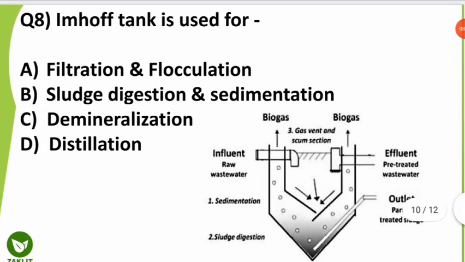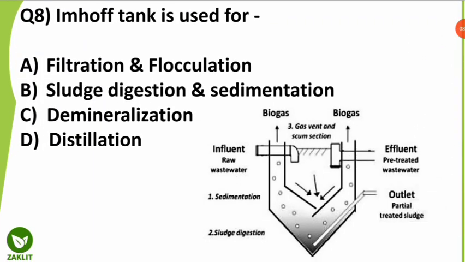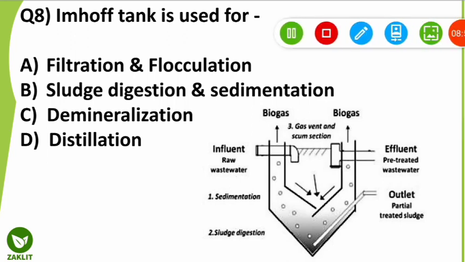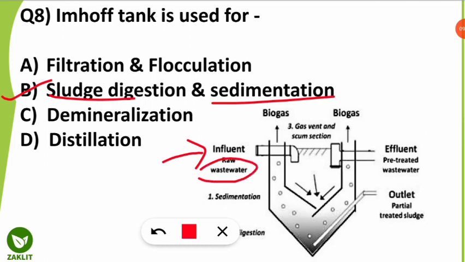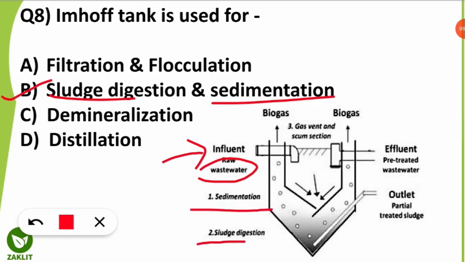The 8th question was related to wastewater treatment. The question was, Imhoff tank is used for what? And the Imhoff tank image is already on your screen. So the correct option will be Imhoff tanks are used for sludge digestion and sedimentation. When the influent, that is the inlet of the wastewater, is taken into this Imhoff tank, 2 steps are carried out, sedimentation and sludge digestion.